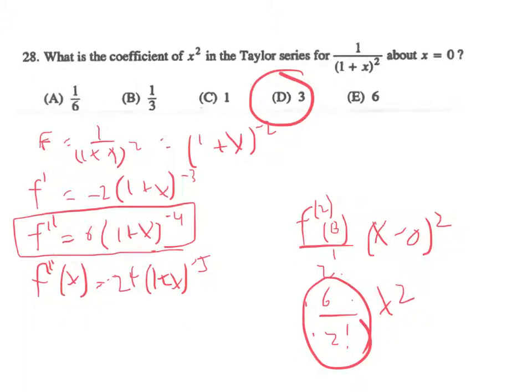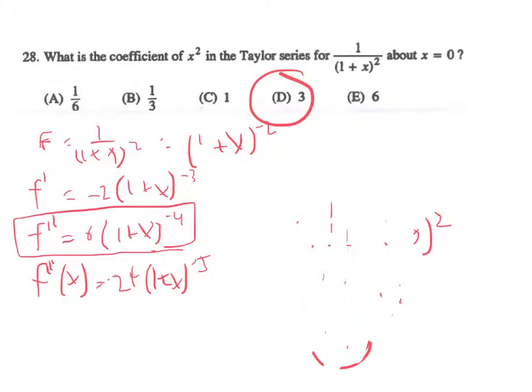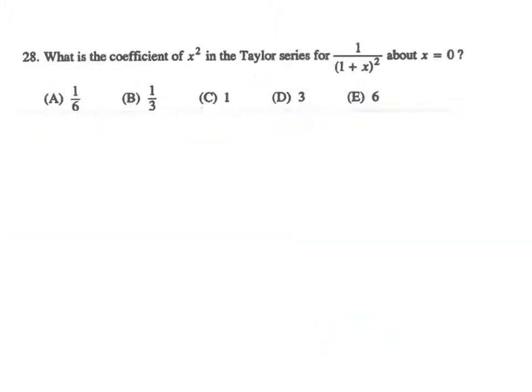Another way of doing this problem is to realize that this could be obtained by rearranging and doing a little bit of work to the 1 over 1 minus x. So we do know that 1 over 1 minus x is equal to 1 plus x plus x squared plus x cubed plus x to the 4th. And then what I could do is differentiate this.